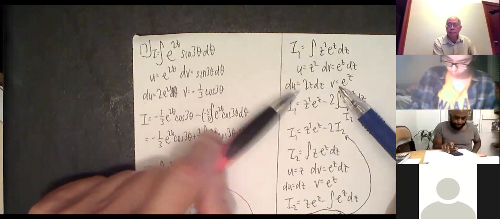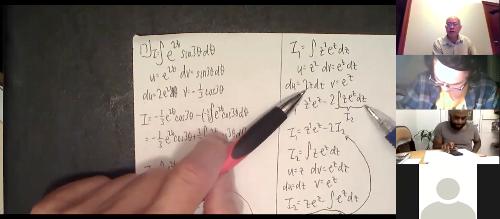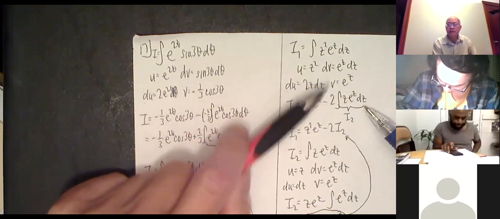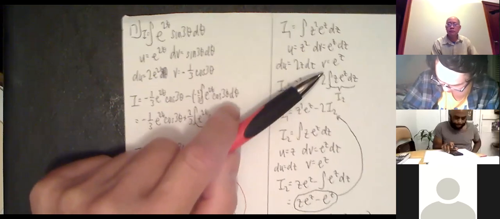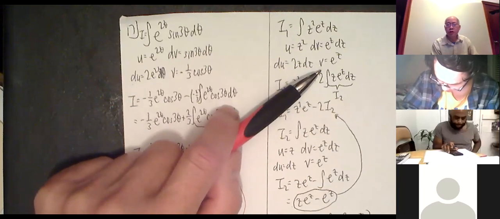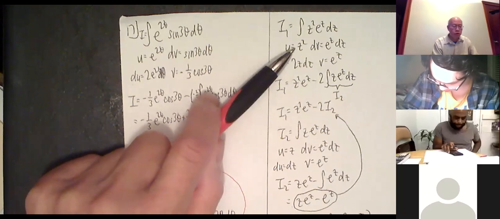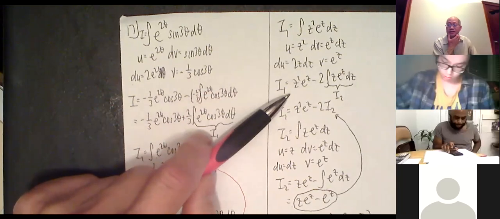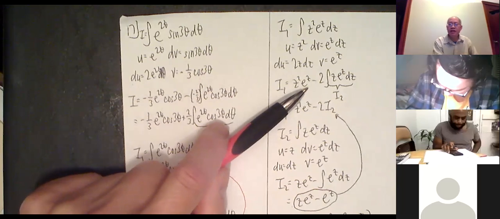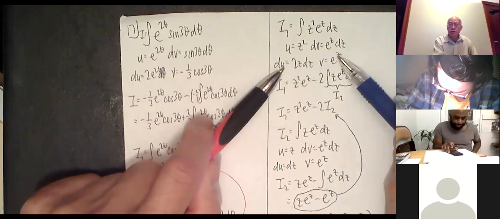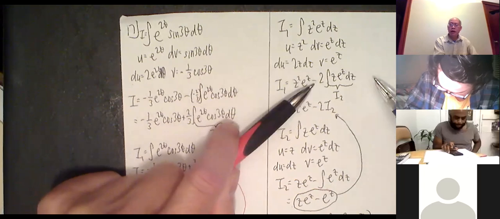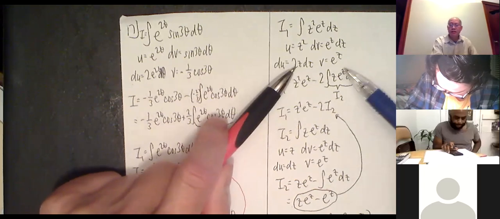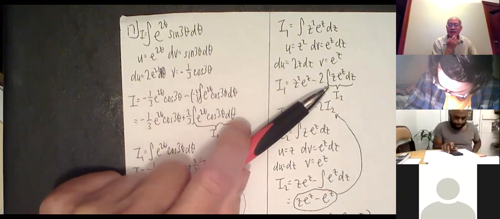Differentiate, integrate. du equals 2z dz, integrate, v equals e to the z. Throw it in the formula. I1 is uv, z squared e to the z, minus the integral of v du. So there's a 2, I'll put the 2 out, and then multiply the rest, z e to the z dz.